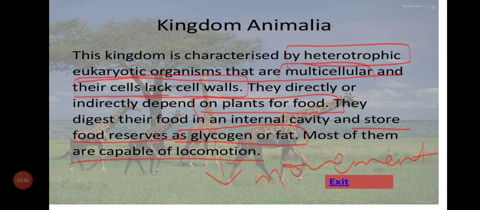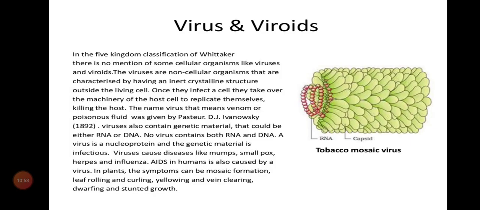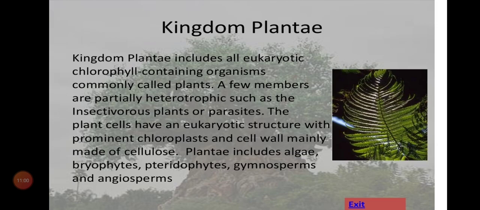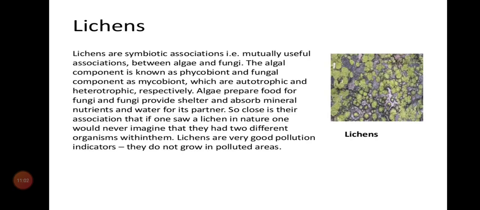Okay, next we'll move on to another category. So till now we are clear, no? That's all about the Whittaker five kingdom classification. Here we have learned Monera, Protista, Fungi, Plantae, Animalia. That's all. And Whittaker didn't bother about lichens and viruses, viroids.